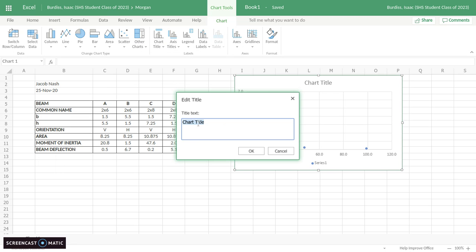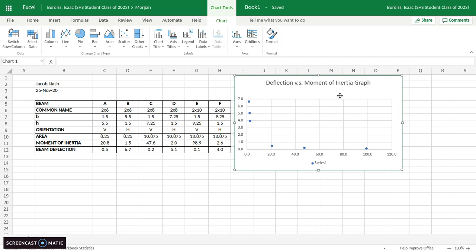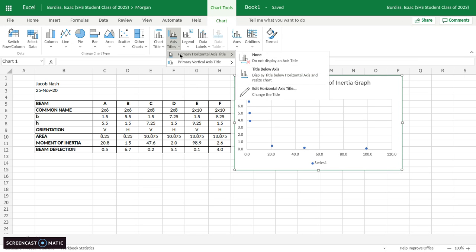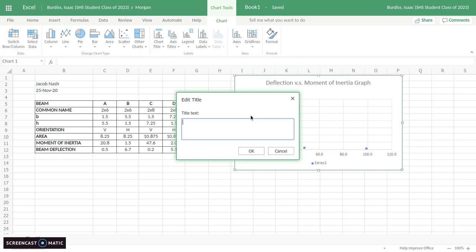Edit chart title. Okay, let's make this say deflection versus moment of inertia graph. Okay, we need to do the horizontal axis. Let's make that say moment of inertia.